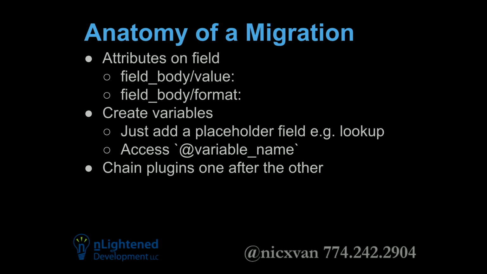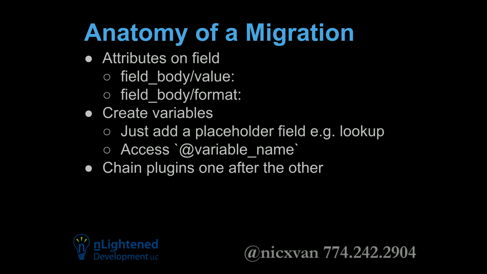You can access those in a migration, and this is the format to do that. So if you need to access an attribute that's on a field, you write the field name / attribute. So if you need to, for example, set the value for the body field, you do field underscore body / value. If you needed to set the format for it, it would be field body / format.